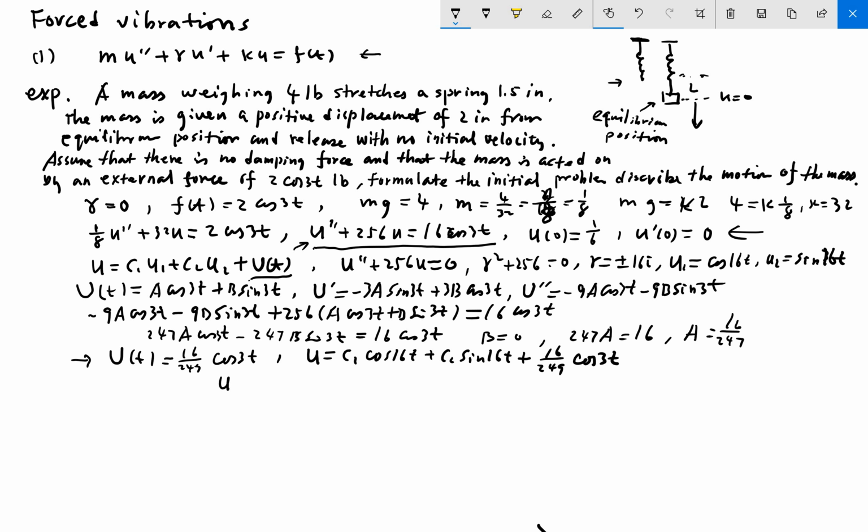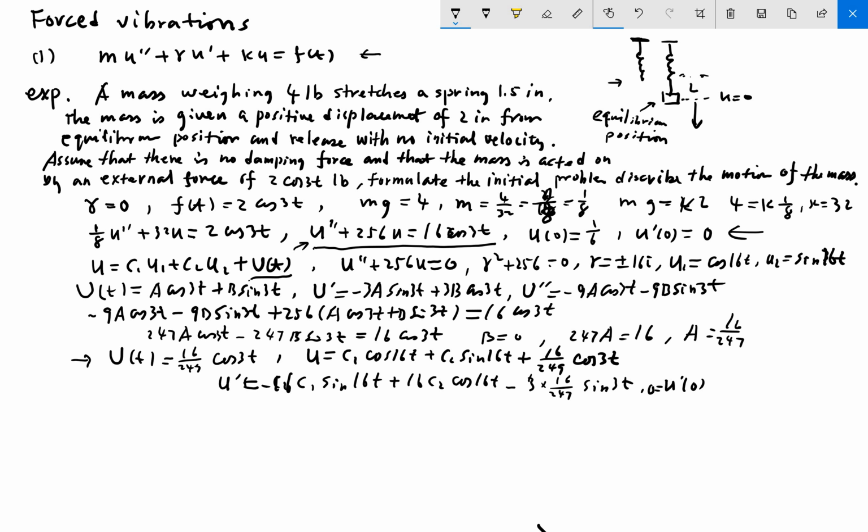For example, we need to take a derivative of U. If you take a derivative of U, you got negative 16C1 sine 16t, then plus 16C2 cosine 16t, then minus 3 times 16 over 247 sine 3t.